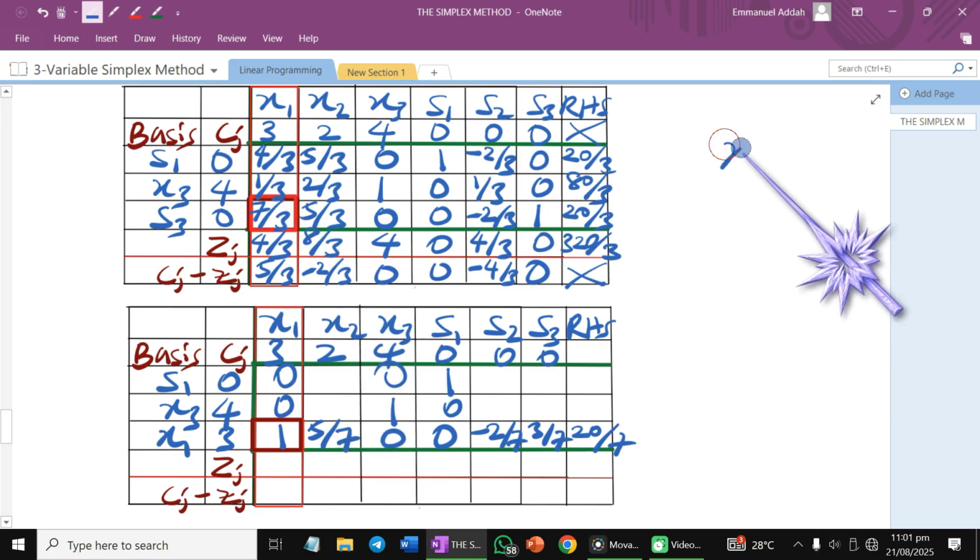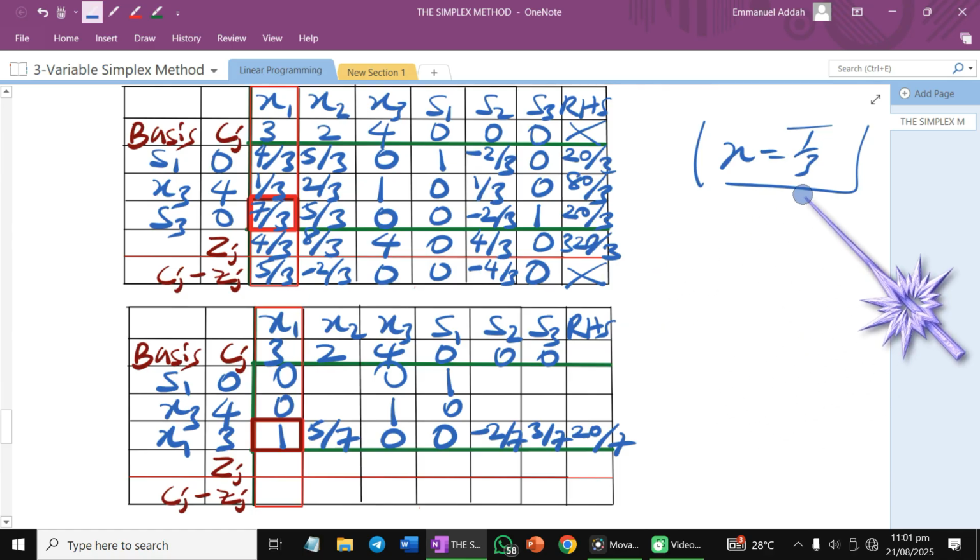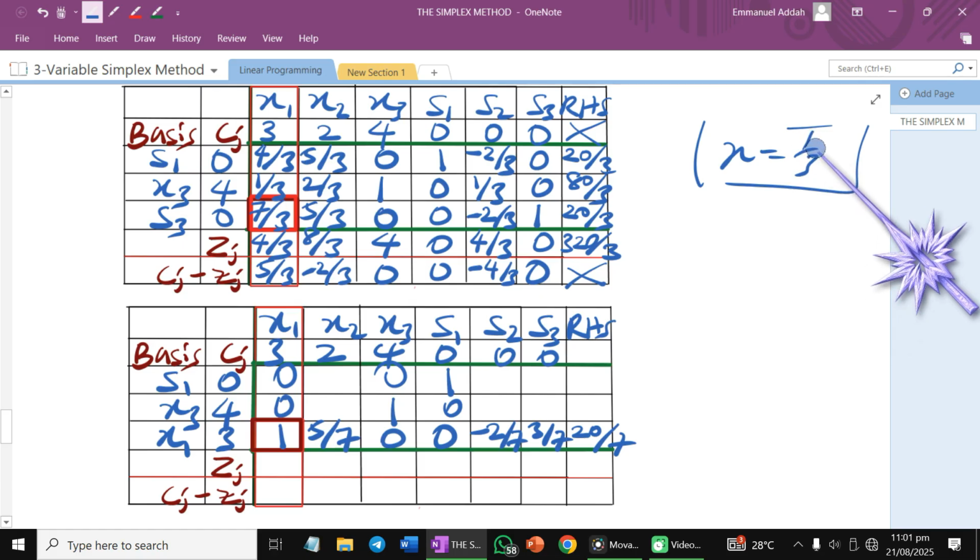So you now say X is equal to 1 over 3. This is our multiplication factor. We're going to use this 1 over 3 to multiply each term on this row, starting from 1, to your right, and subtract that value from the corresponding value in the old tableau here. That's how you can get 0 here.